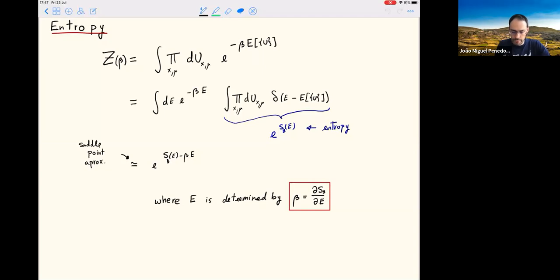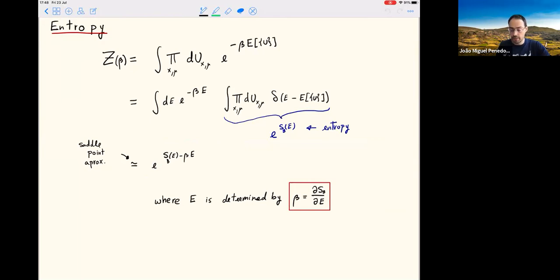By trivial rewriting, you can define the entropy, the number of configurations that have a given energy. Then in the thermodynamic limit, this will be dominated by a saddle point. So in this system, entropy just means the number of configurations with a given action, the given energy E, which is the action.